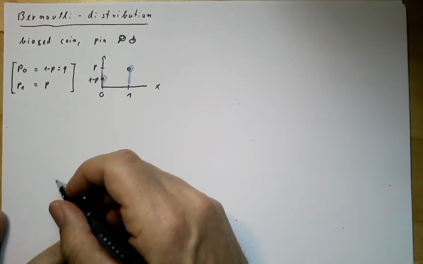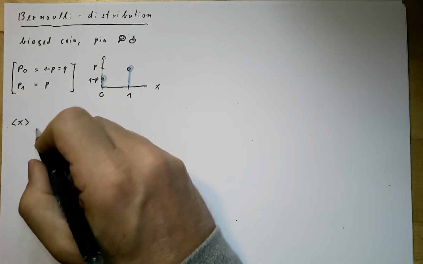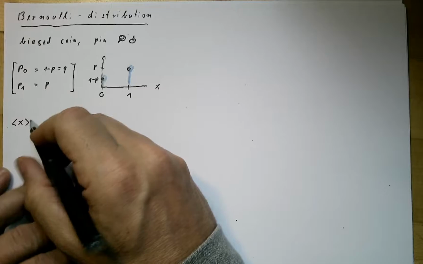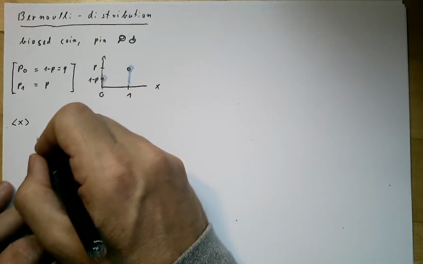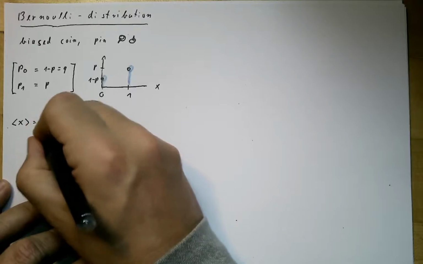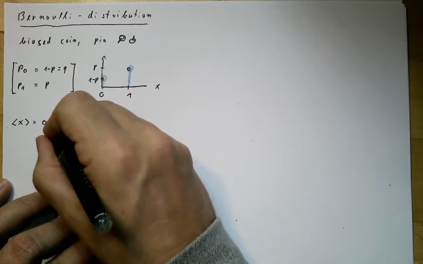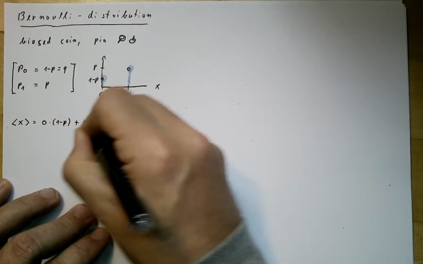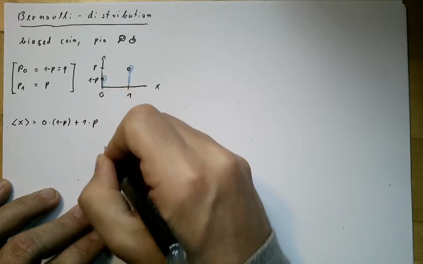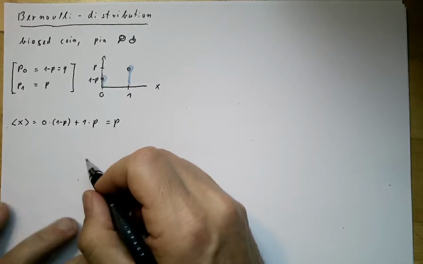Let's calculate our expectation values. What's the average outcome when we throw a biased coin? So we have the outcome 0 with the probability 1 minus P plus 1 with probability P. So this gives P, that's the expectation value.